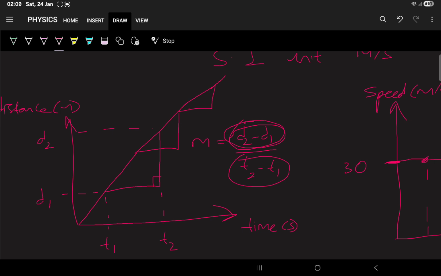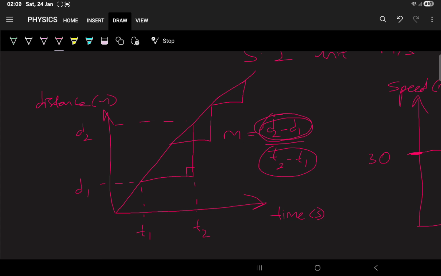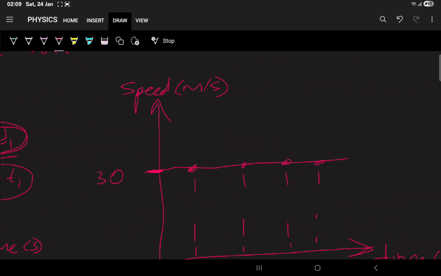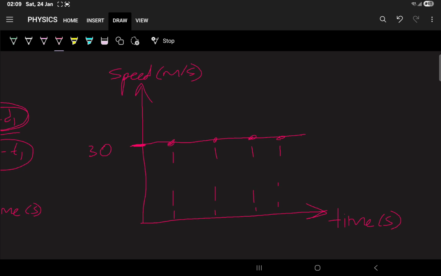Hence the speed will be uniform in this distance time graph. Already explained here is why in a speed time graph we have a horizontal line, because it is 30 at any point traced from the time axis up.